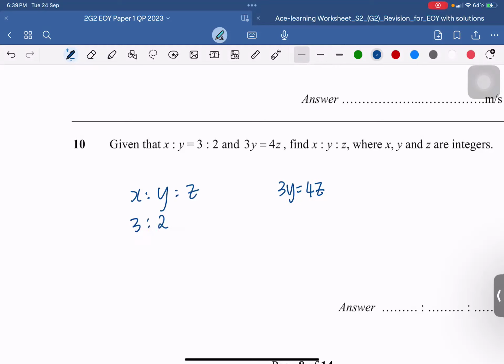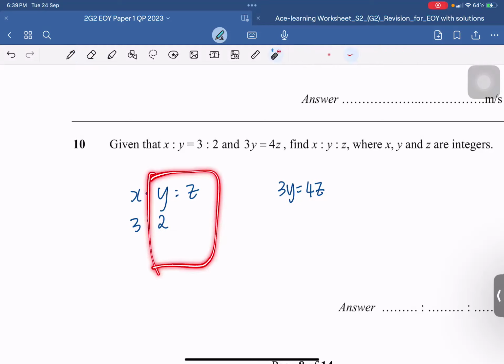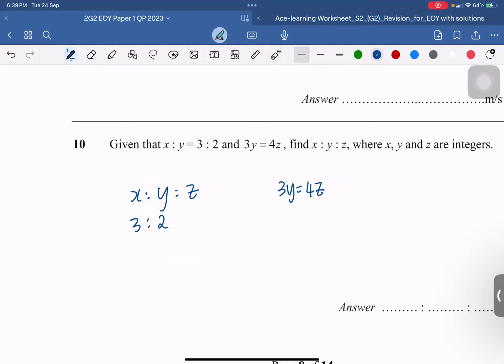I want to find the relationship between y and z. Put the 3y under the 2. I need to insert 3 times what equals 4 times what, so that they are the same value. 3 times 4 is 12, and 4 times 3 is 12.